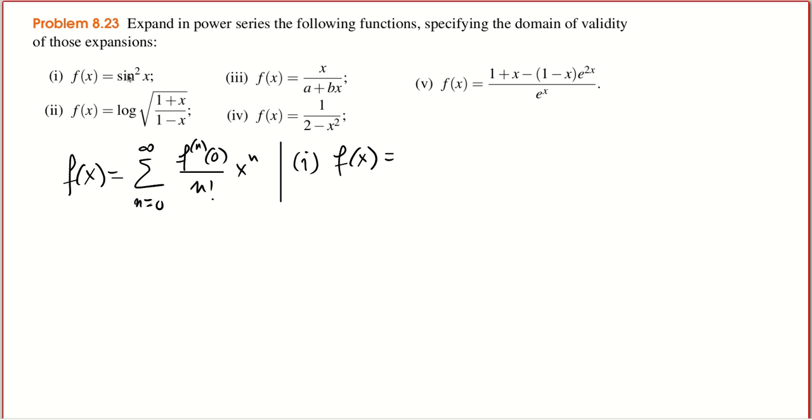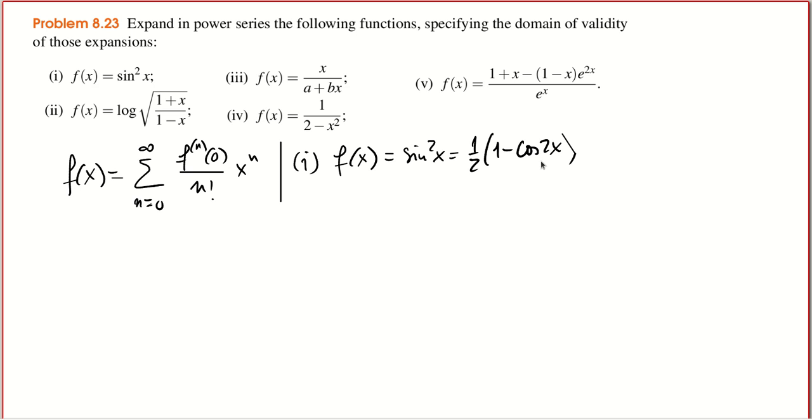However, this is a trigonometric function, and there are many relations of trigonometric functions with other trigonometric functions. In particular, the sine squared is equal to 1/2 times 1 minus the cosine of 2x.